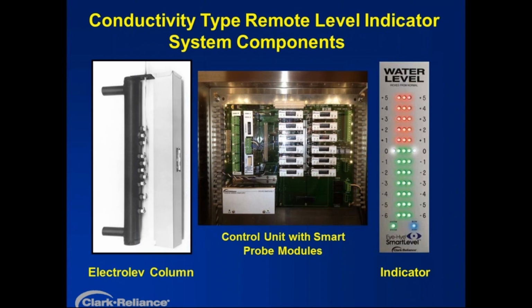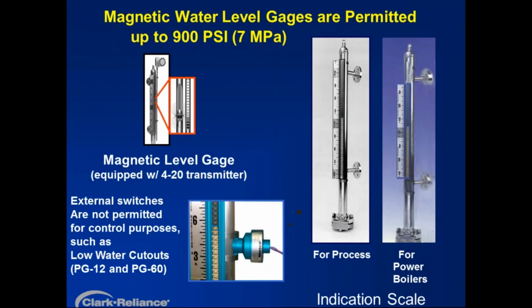The control unit, what you see here, this is our newer model, but typically there's one level sensing module for each probe. So each probe is individually operating with an individual brain, making this technology quite reliable. And of course, the panel indicator off to the right.